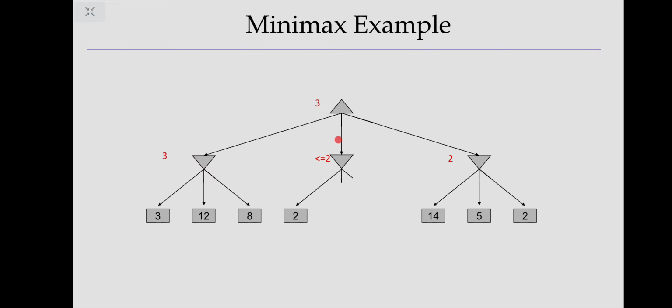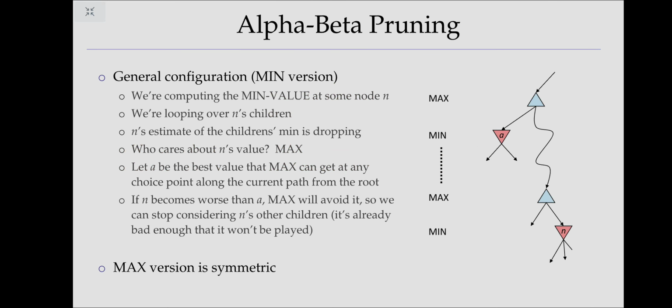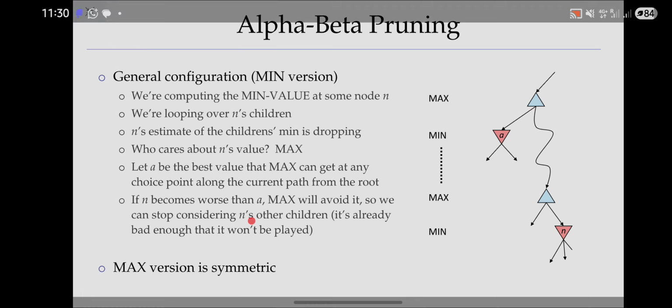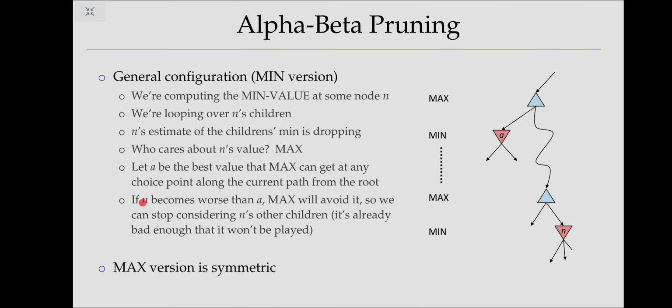Because of that, it terminates the branching. This is the meaning of stopping consideration of other children of n when n becomes worse than alpha.